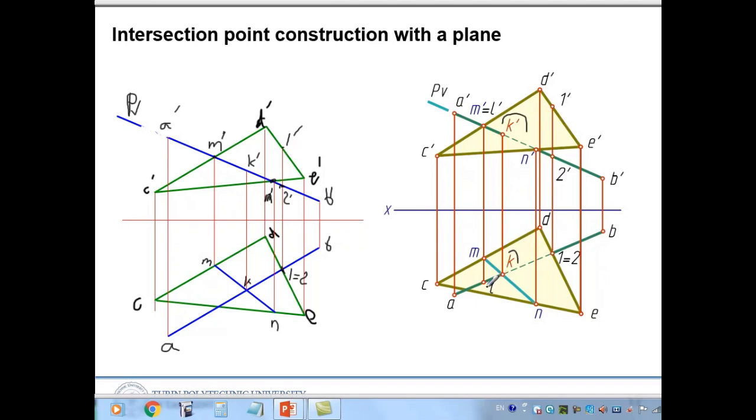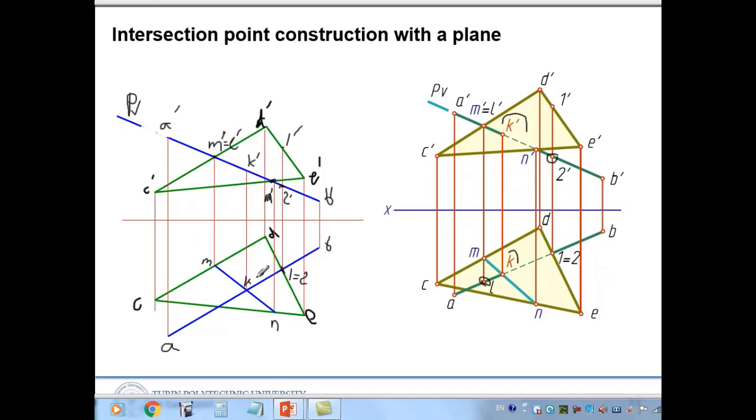In our case, this L point and this second point are similar to this one. Okay, so 1 is equal to 2, and point 1 and point 2 are the same points, and the L point is equal to the M point, L dash.